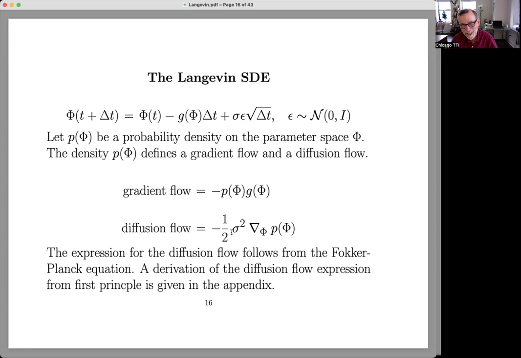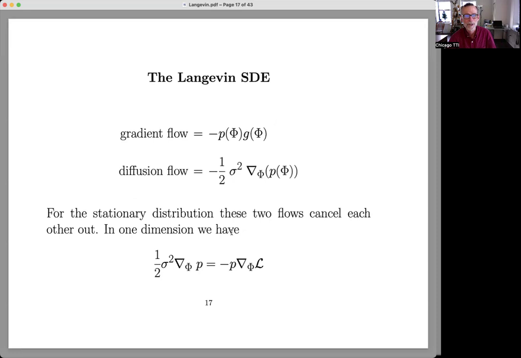And a stationary distribution is a distribution that doesn't change, right? So what we're going to ask ourselves is, what's the stationary distribution here? The stationary distribution is when these two flows cancel, when one is the negative of the other.